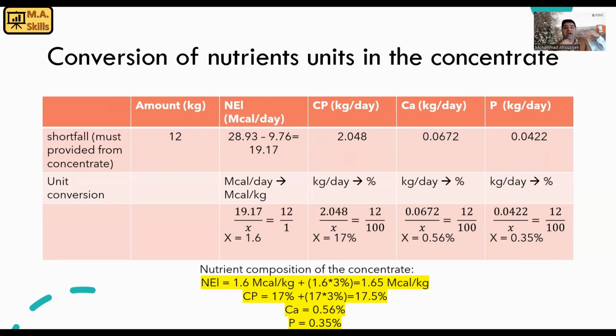But after adding the feed additives to our concentrate, which were calcium carbonate, dicalcium phosphate, and cattle premix, they are going to dilute the level of energy and protein, and we will reach the normal scenario, which was 1.6 megacalorie energy and 17% protein.